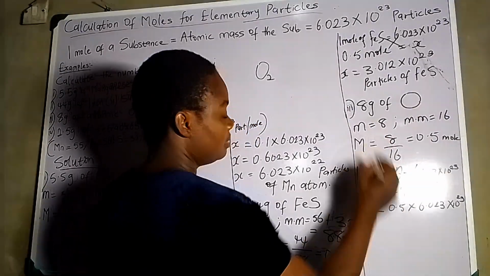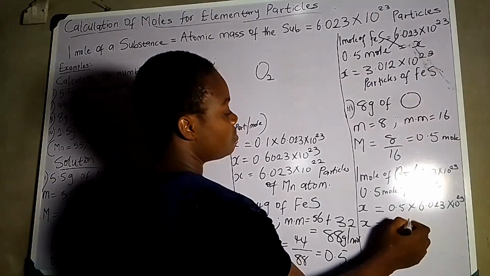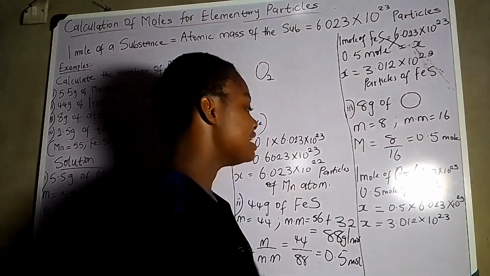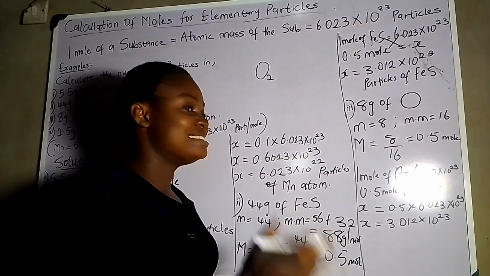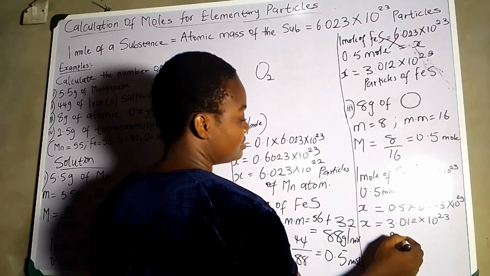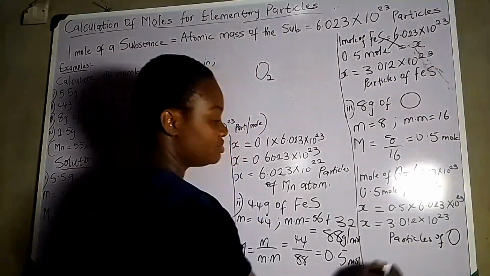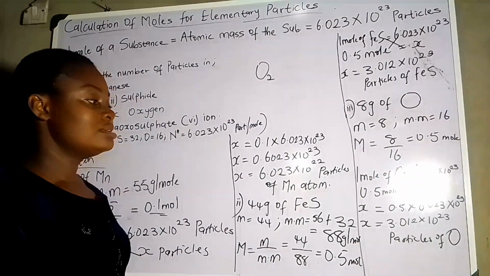I think it's the same answer we got here. So we have 3.012 times 10 to the power 23. It's either you call it 10 raised to the power 23 or you call it exponent 23. You can see I toggle between these two. They mean the same thing. Particles of atomic oxygen. So that is just the solution.